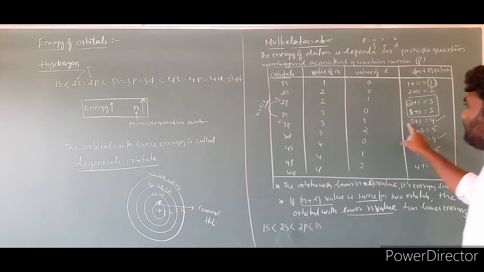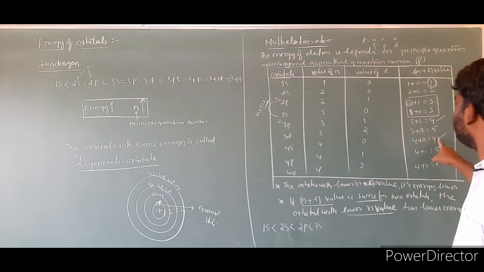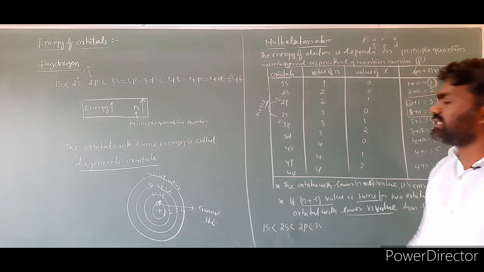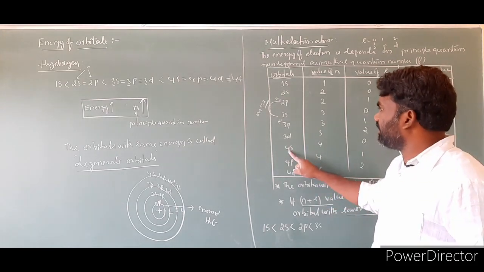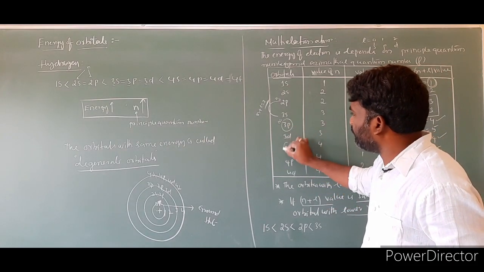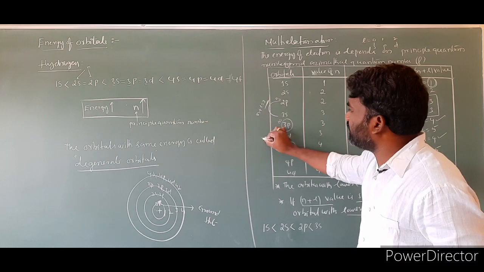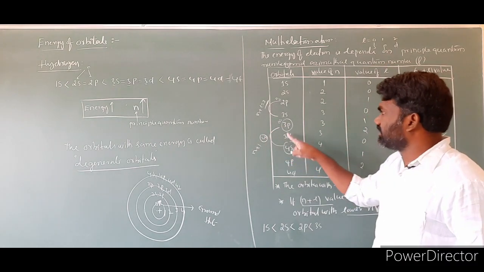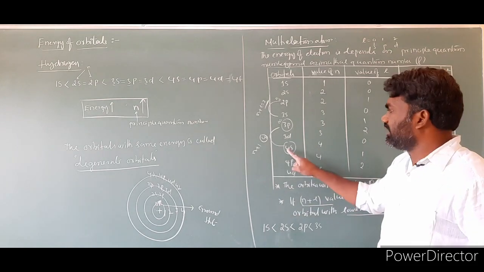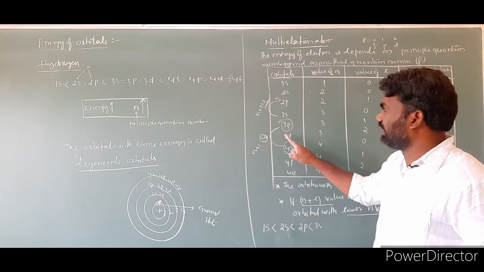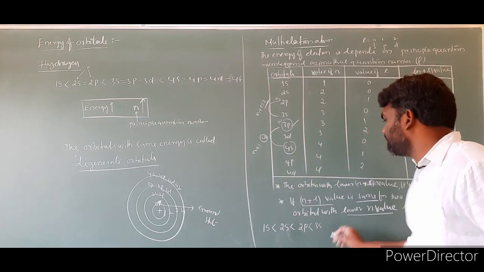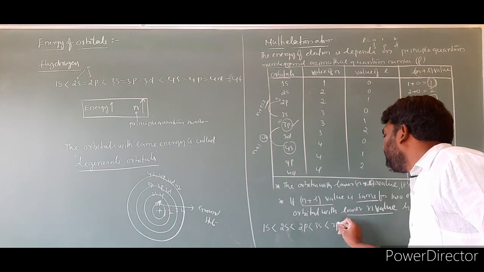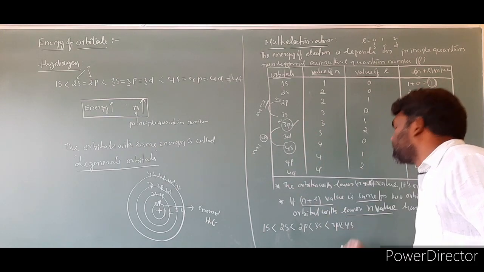These are 3p and 4s. In the case of 3p and 4s, n plus l value is the same, equal to 4. Which has the lower n value? Here n is 4, here n is 3. So 3p is less than 4s.